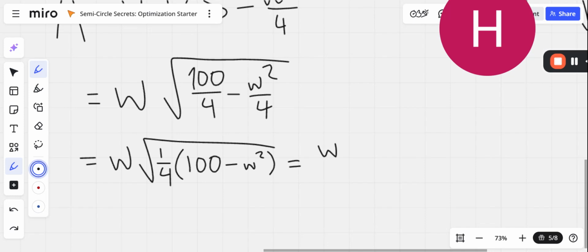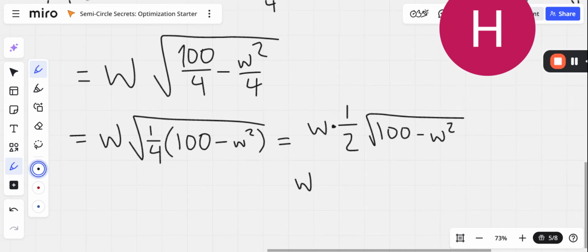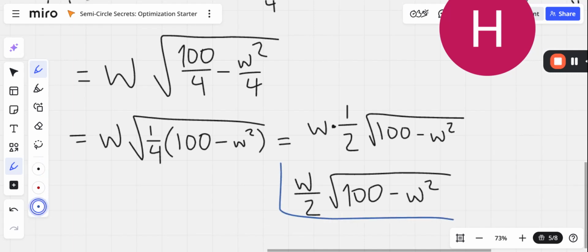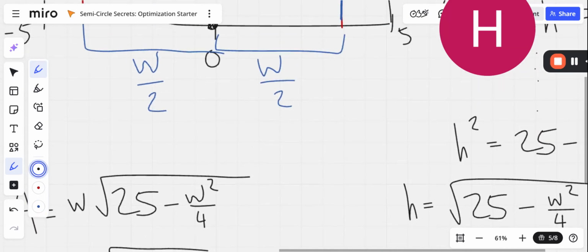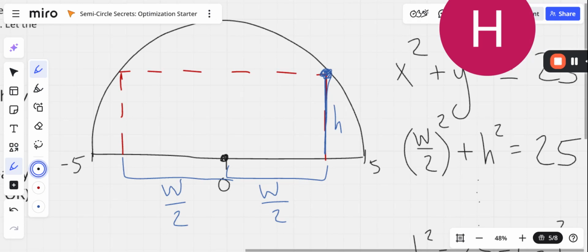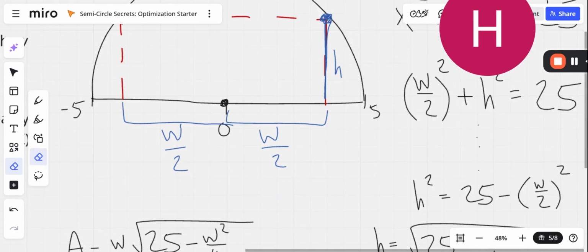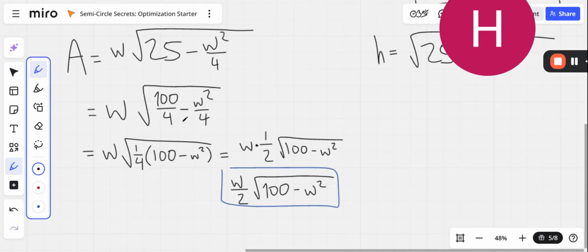So if I'm showing my work very carefully, this would be w times a half times the square root of 100 minus w squared, which we could also call w over 2 times the square root of 100 minus w squared. Not too bad. This is our expression in terms of w for the area of the rectangle. So wherever you decide to make the width, whatever your w is, this equation is going to tell us what the area of the rectangle is.